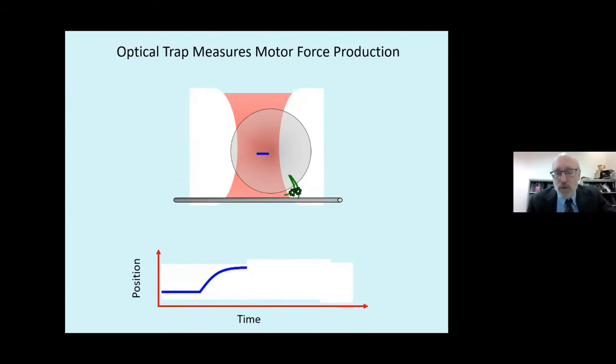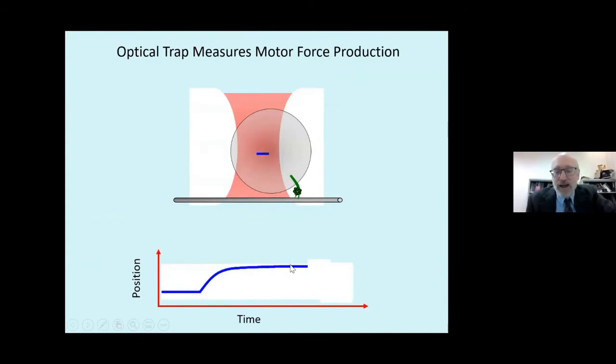At some point, if you have a reasonably strong optical trap, the force that the motor exerts pulling you forward is balanced by the force the trap exerts pulling you back, and the motor stalls. That's this flat line here, where nothing is happening.